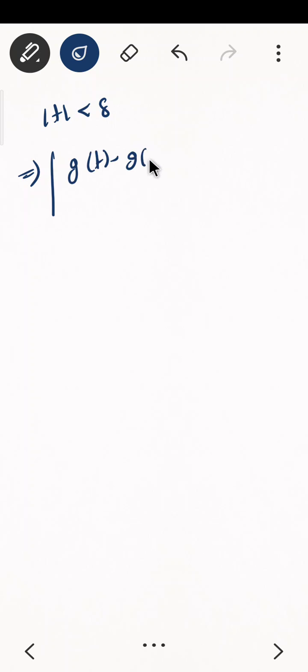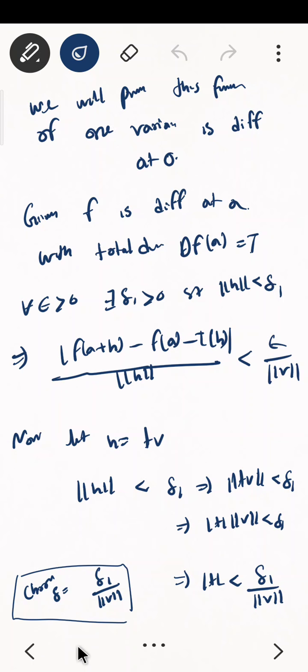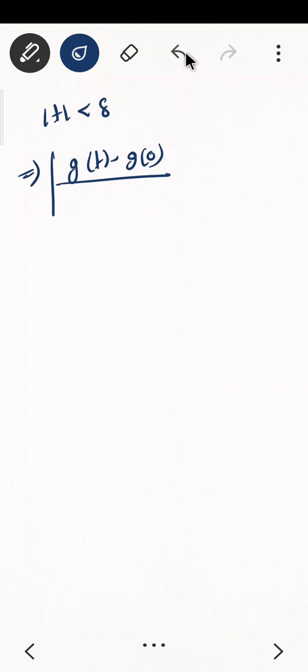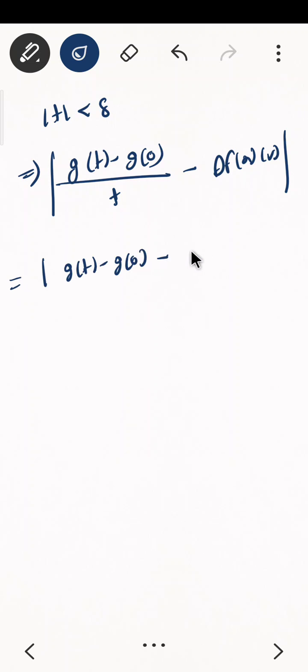So mod t will be less than delta, and we consider g of t minus g of 0, minus what I had to prove, df of a at v. That is equal to g of t minus g of 0 minus t times df of a at v, upon t. Something like this. So what is that?